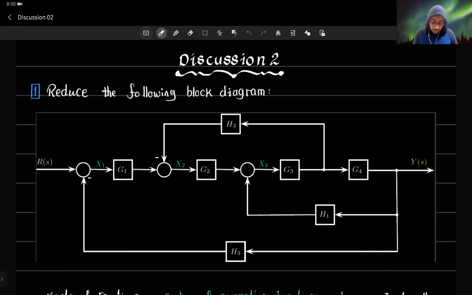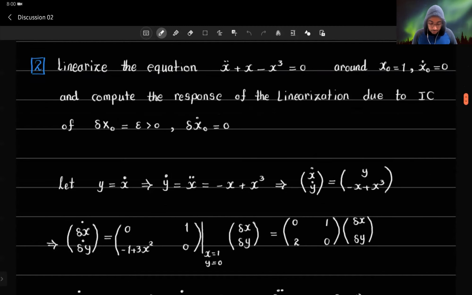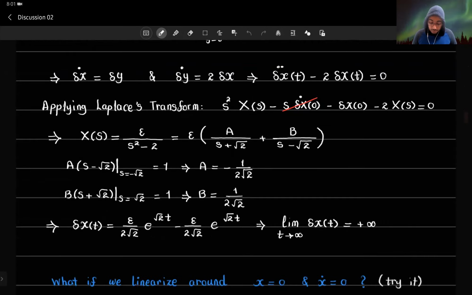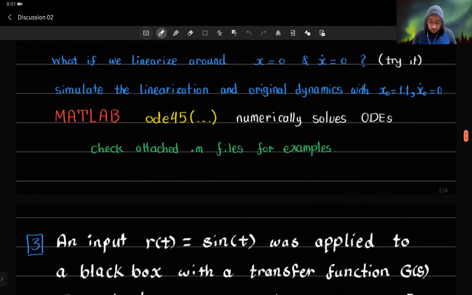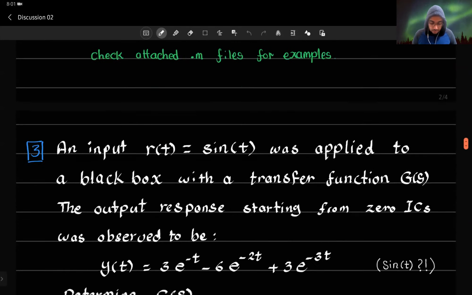Today I will be going through three problems. The first one is a reduction of a block diagram. The second problem will be the linearization problem and computing the step response of the linearization, and then we will implement the MATLAB solution, or numerically simulate the linearization and the nonlinear system using MATLAB's ode45.